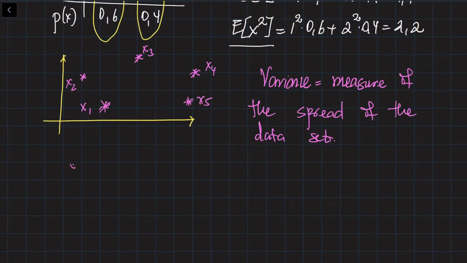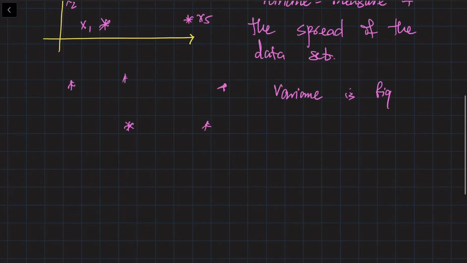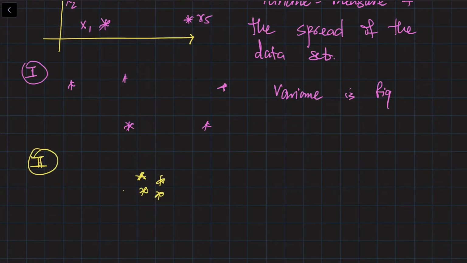For example, if your points are given like this, then it means that the variance is big. For another set, it is possible that the points are really concentrated in one point or around one point.